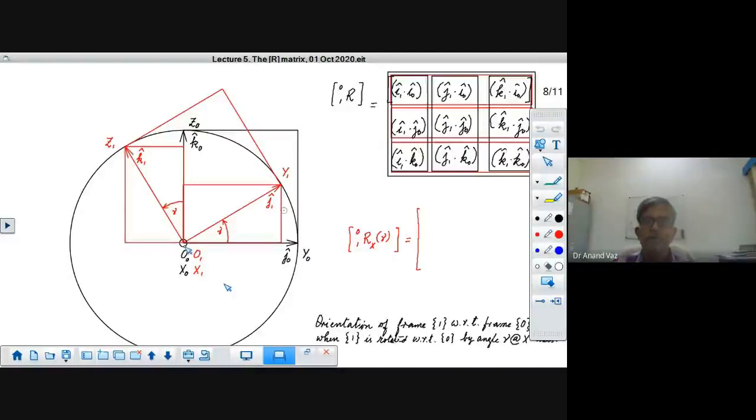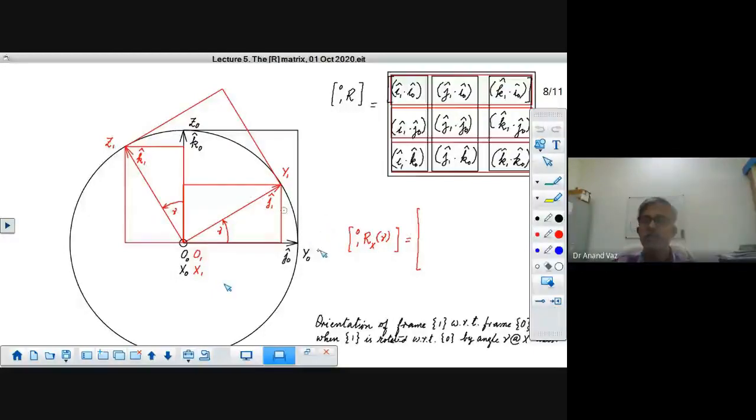Naturally, because we are considering the rotation about the x-axis, x0 and x1 are coming out of this plane. This is the origin. Let's indicate the unit vectors. They are already indicated here. So we have J0, we have J1, we have K0 and K1. The unit vectors are also shown.